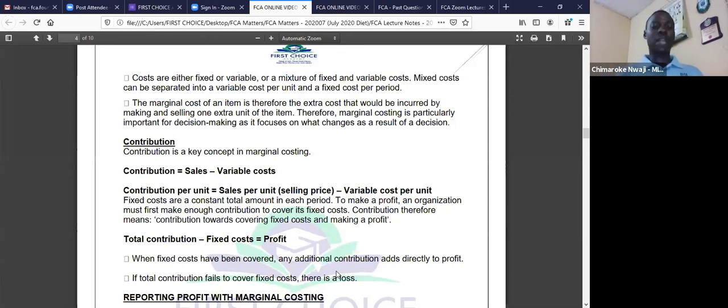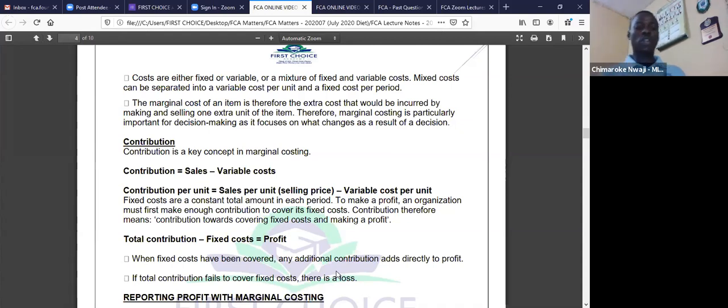Because when we say marginal costing, we are asking you, what is the contribution? So contribution is more important than profit. This is because contribution will help you to make decisions. Contribution will help you to do forecasting and others.